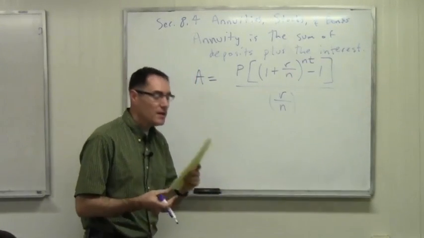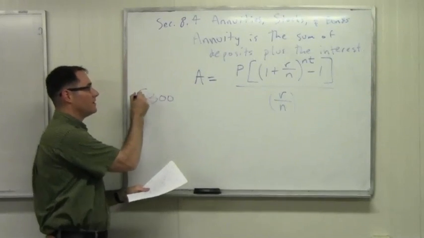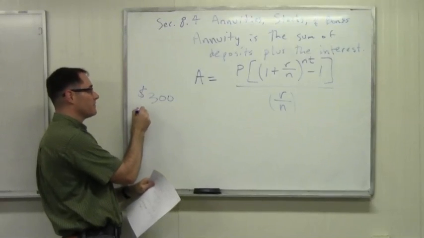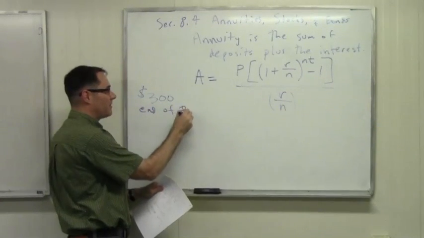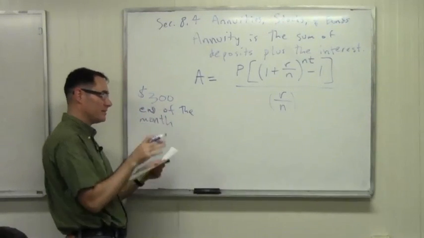All right. Let's do an example. $300 invested at the end of each month. This is normally the way you do it, end of the month, except for TSP, which you do at the end of the month and in the middle of the month.